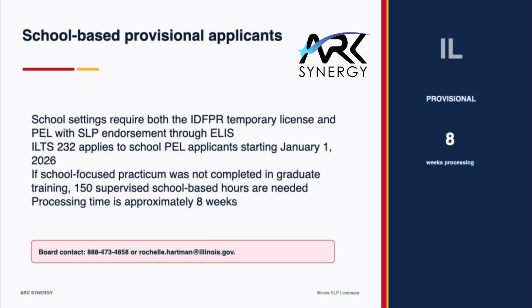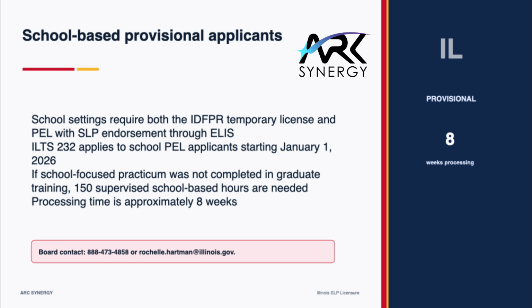If you are completing your supervised experience in Illinois school settings, you will need dual credential requirements, mainly because there is some certification required for Illinois, which I covered in the full license episode last week. I went into full details, but you'll need a temporary license and a professional educator license with an SLP endorsement.